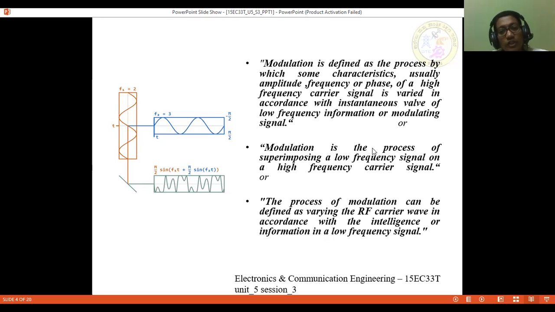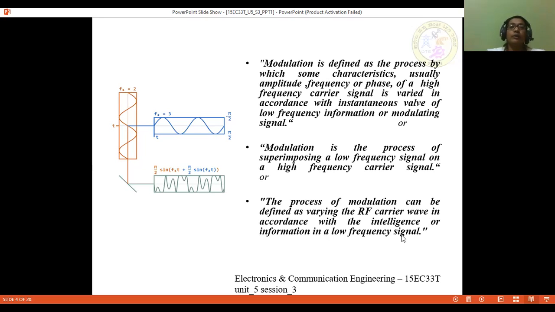Modulation is the process of superimposing the low frequency signal on a high frequency carrier signal. We can give different definitions. The process of modulation can also be defined as varying the radio frequency carrier wave in accordance with the intelligence or information in the low frequency signal.